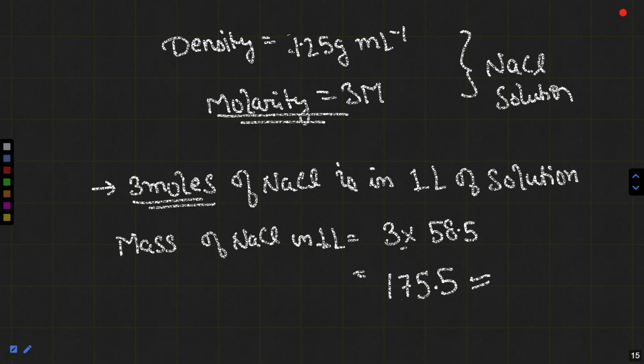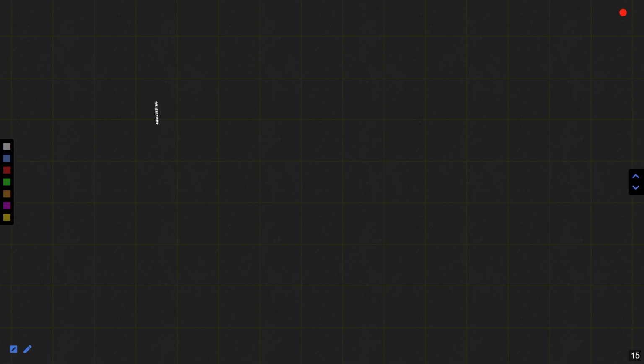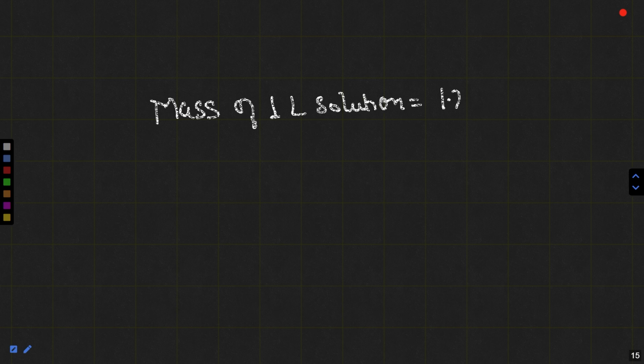Till this point, does anyone have an issue? Okay. Now, what is the mass of the 1 liter solution? We have the density of solution, which is 1.25 gram per ml.